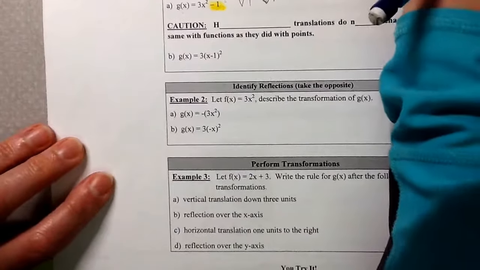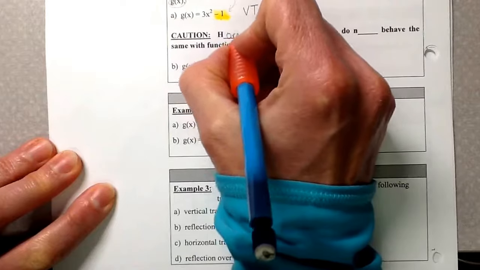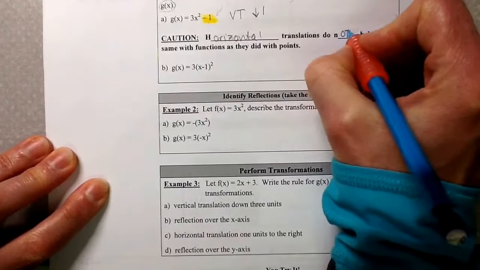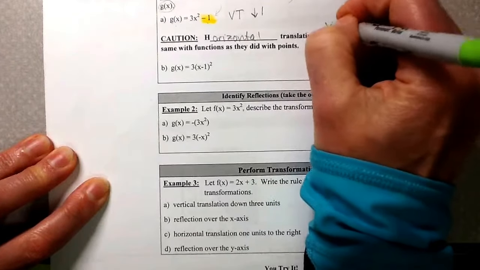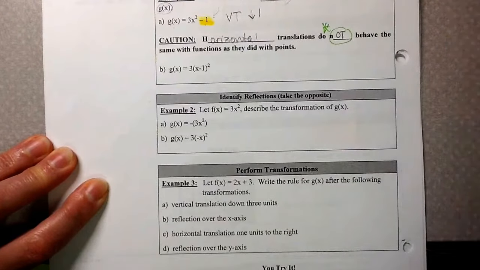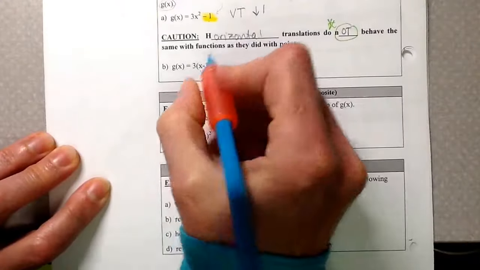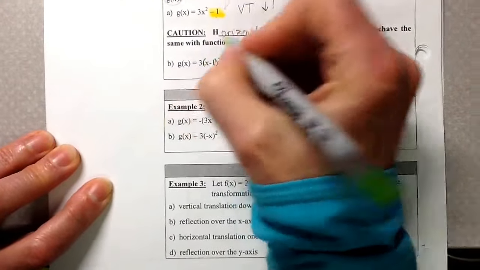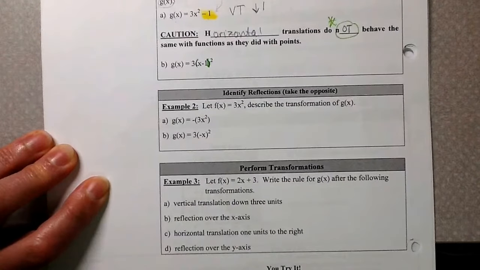Okay, now, I'm going to caution you once again that horizontal translations do not behave the same with functions as they did with points, so circle that, underline it, star it, whatever you need to do to remind you. So let's look at this. Now remember, I called this the horizontal house of horrors, H-O-R-R-O-R-S.